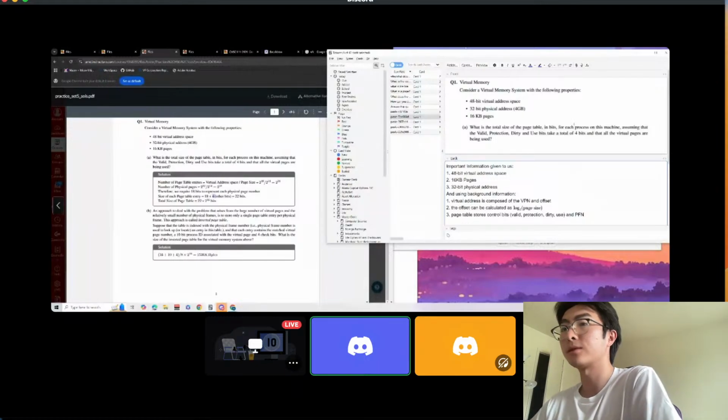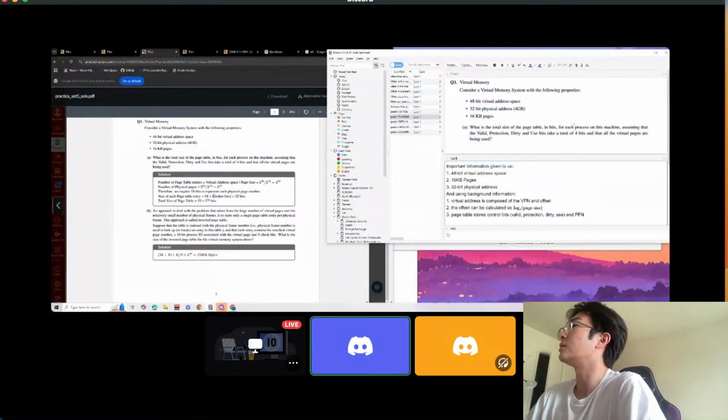A single entry represents a page, right? So we have to find the number of entries times the size of entry.